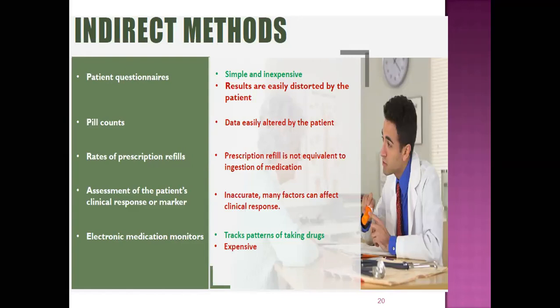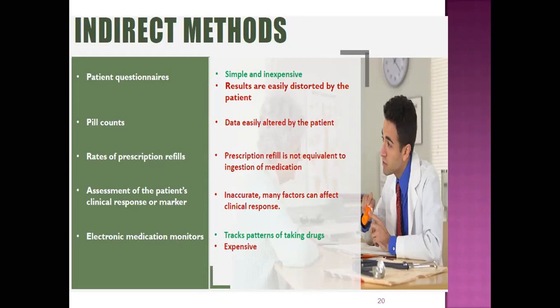You ask the patients to show the pill boxes, and you can easily identify the tablets or capsules required for the particular disease medication. The third indirect method is rates of prescription refills, meaning how many times a particular prescription is refilled by the pharmacist. It is not directly equivalent to the ingestion of the medications.